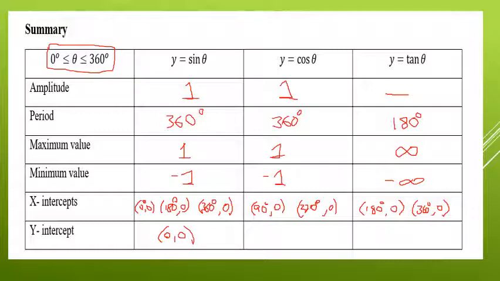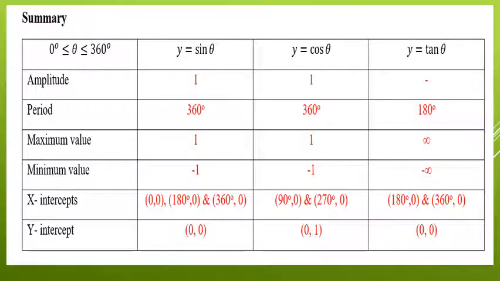For cosine, though, it was 0, 1. Remember, all y-intercepts have the x value 0, and the y-intercept for the tangent graph was also 0, 0. So if you look back at the graphs, you can see that. If we proceed to the next slide, you can get a nice printed version of that. Okay, make sure you got those into your notes, please.